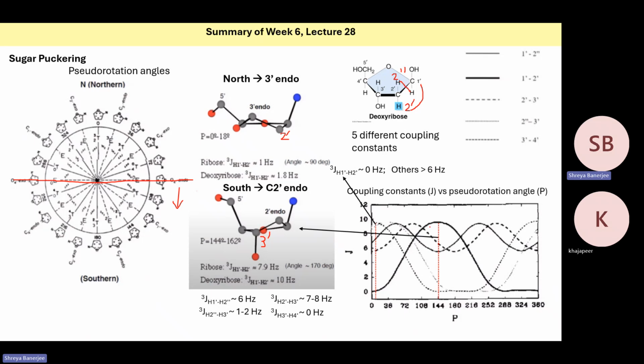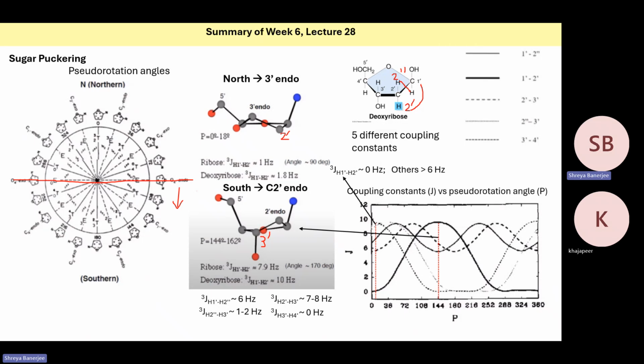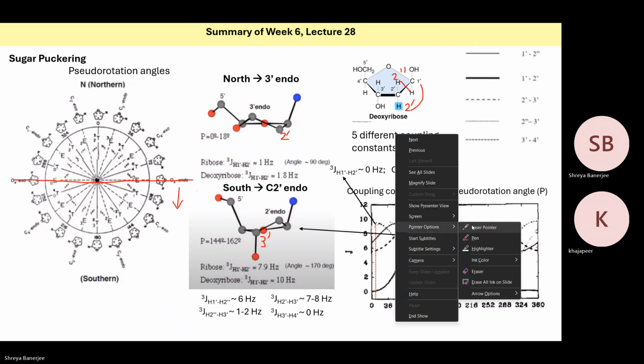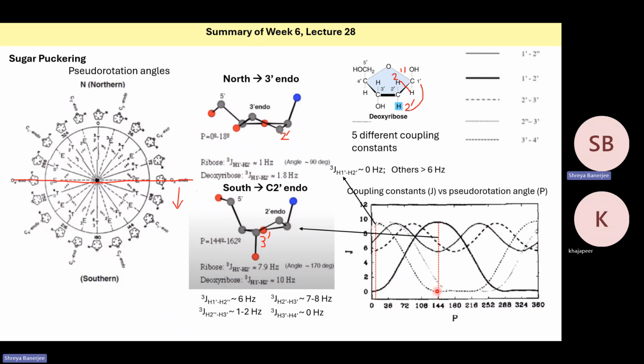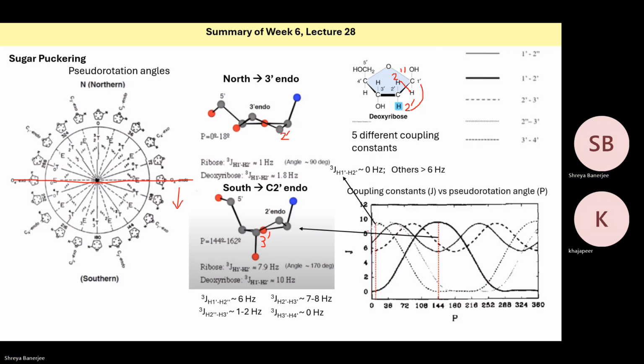Similarly, you find the places where this line cuts these graphs and draw lines to the x-axis. So 1 prime 2 prime is 10 Hz, 1 prime 2 double prime is around 6 Hz. Similarly, if you find out the other coupling constants, they are listed here.